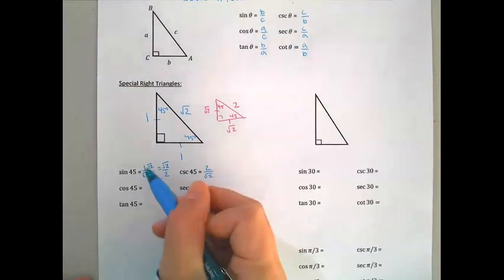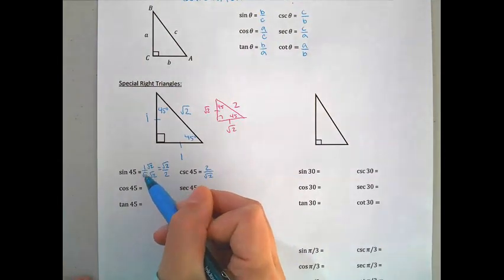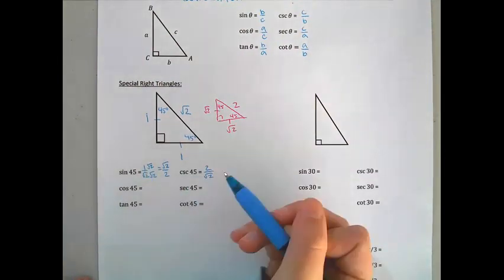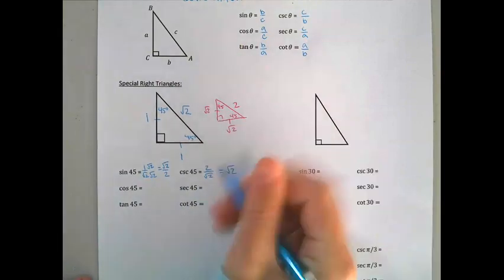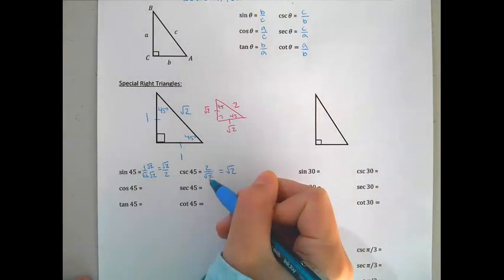But if I go back to what I had in the beginning and I see that it's just 1 over root 2, then I know I can just have it as root 2. And I would get that if I rationalize the denominator, but it's easier to see.